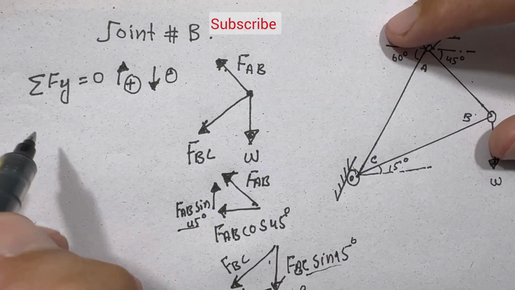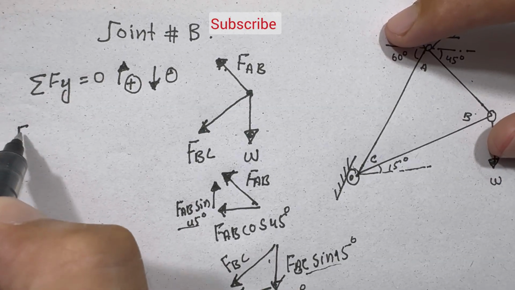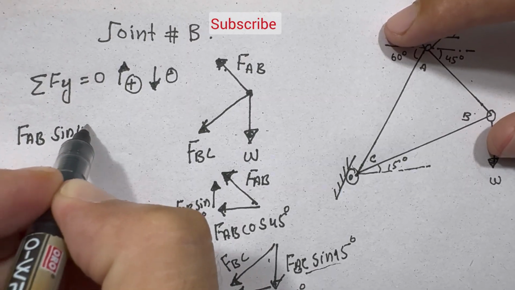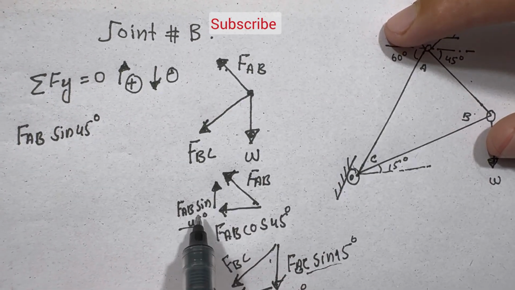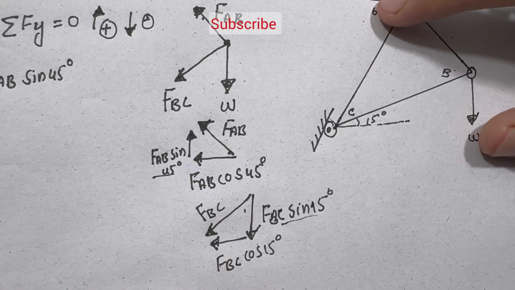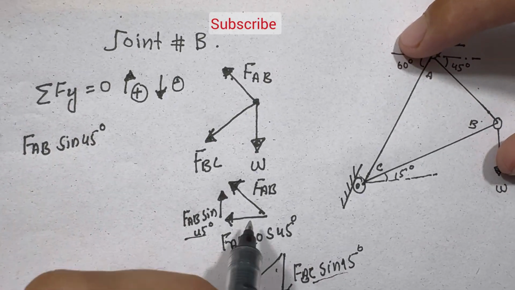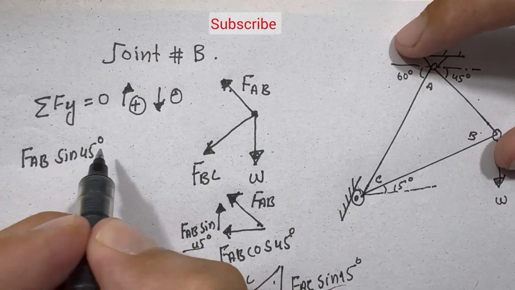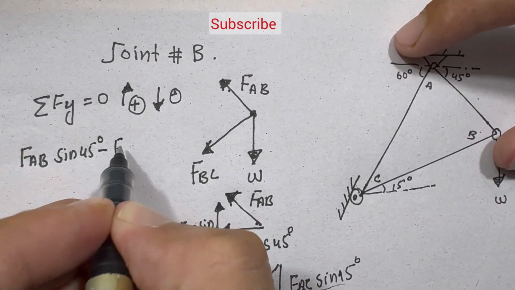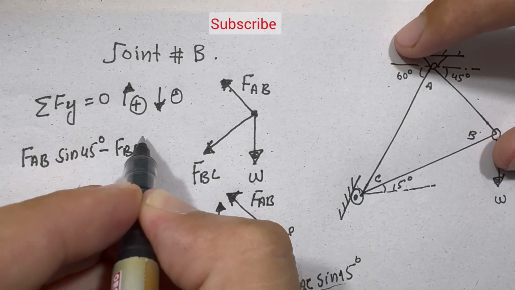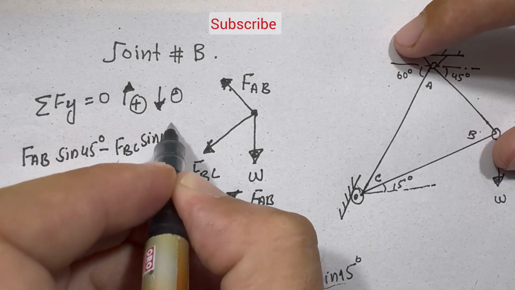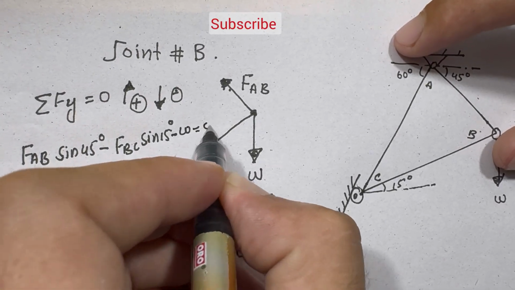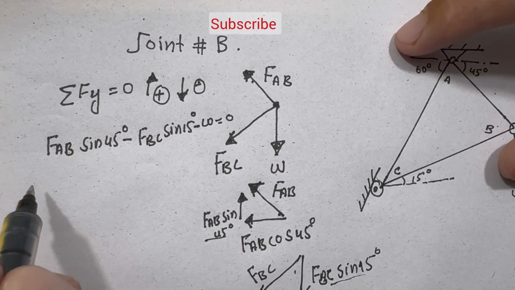There are three vertical forces: FAB sin 45, which is directed upward and positive, and FBC sin 15 degrees, which is directed downward and negative, and the other is negative W, equal to 0. So I will solve it.